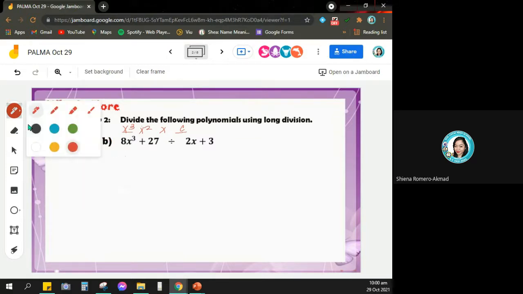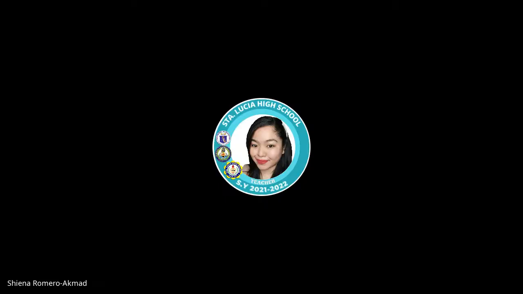So, lagay tayo ng space ng 0 para sa kanila. So, I'm going to write that like this. It would be 8x cubed plus 0x squared plus 0x plus 27.